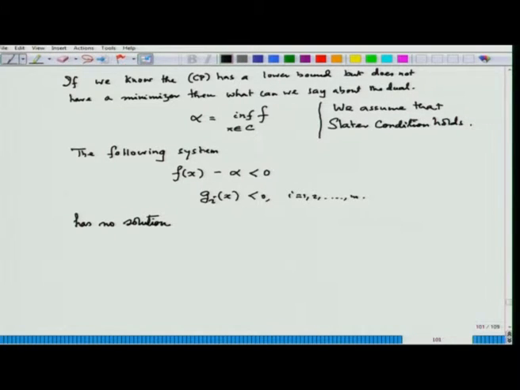Now, if this has no solution, by separation arguments or by Gordon's theorem, theorem of the alternative, which we have already walked through.